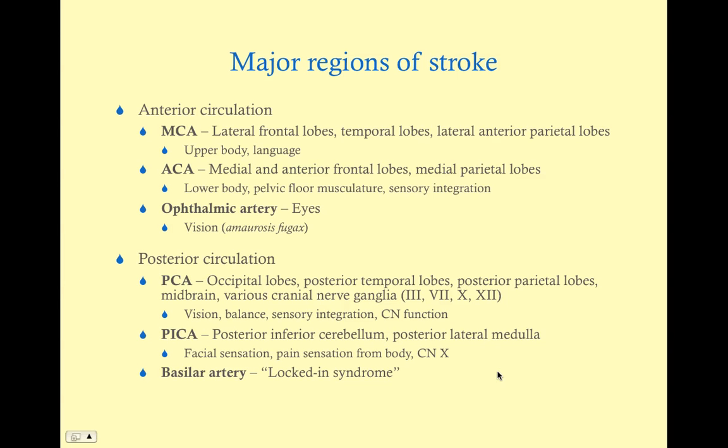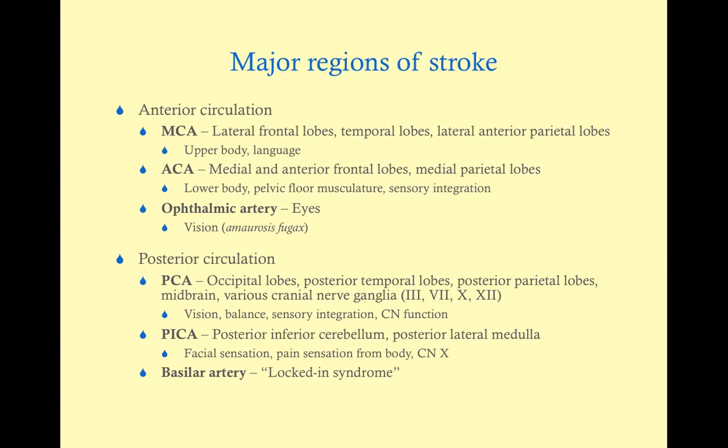Okay, so let's talk about what this section is about, and that is the types of strokes you can get. So we're going to talk about 7 different kinds of strokes. MCA stroke, ACA strokes, PCA strokes.